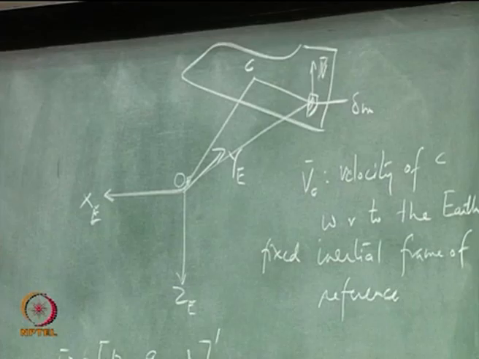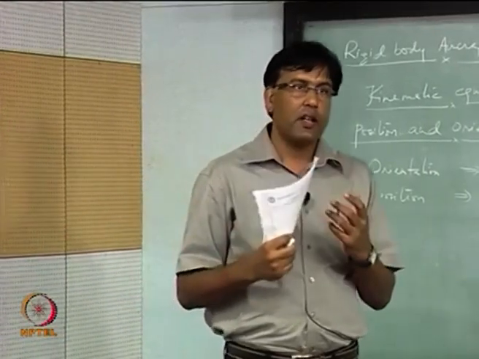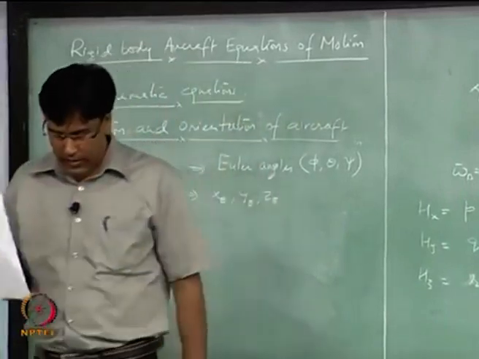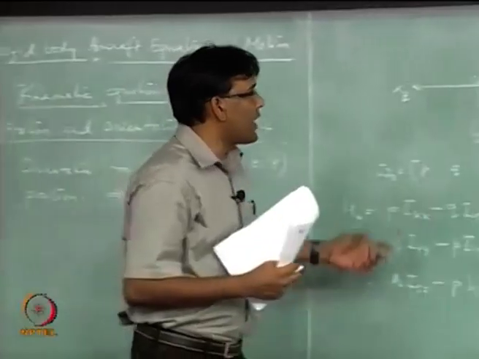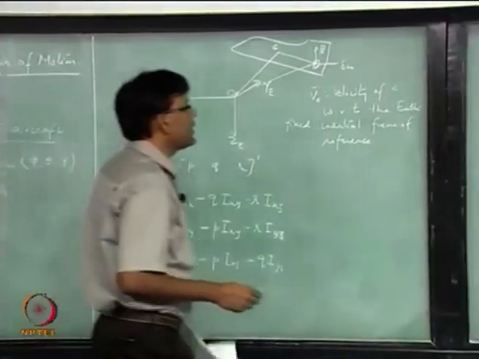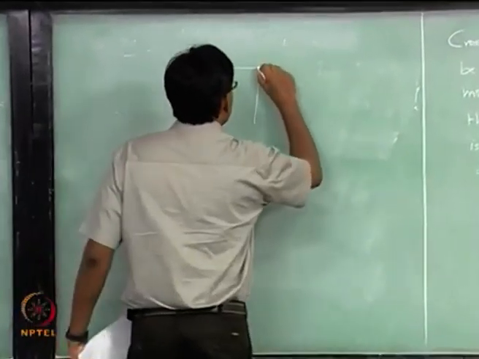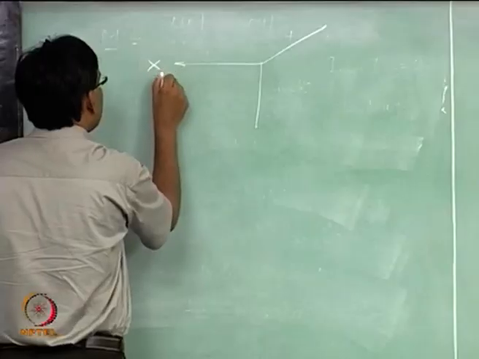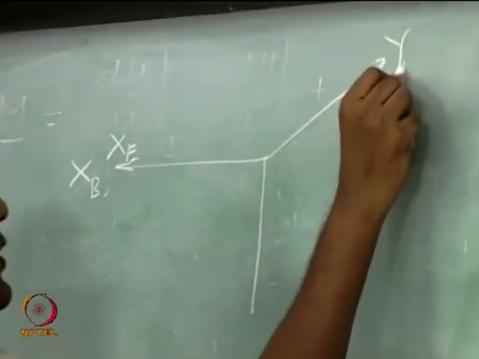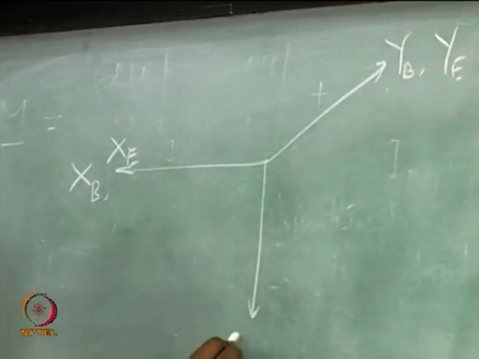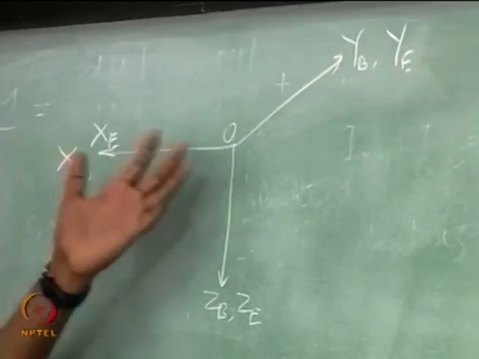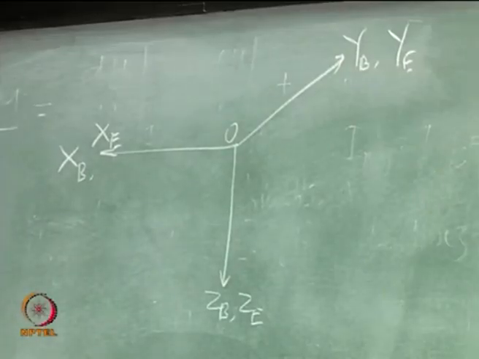So, let us assume that the aircraft body fixed axis system is coinciding with this earth fixed axis system to start with, right. We can assume that.